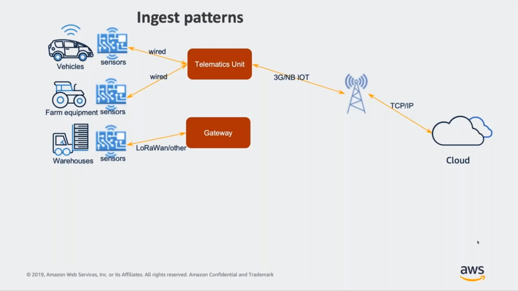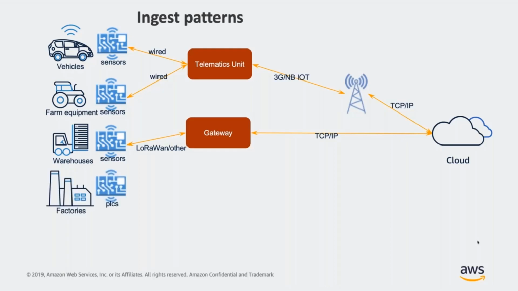Increasingly, LoRaWAN is becoming very popular to send data locally in warehouse scenarios to a gateway. The job of the gateway is first to aggregate data from all these sensors in a warehouse and then convert the data to a standard open protocol which can be sent over the internet.